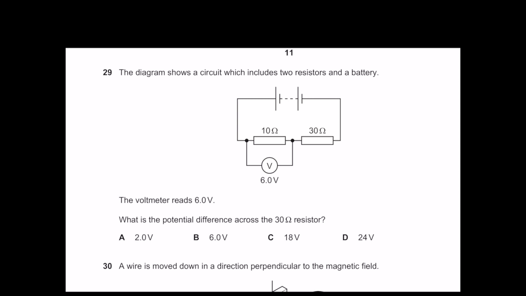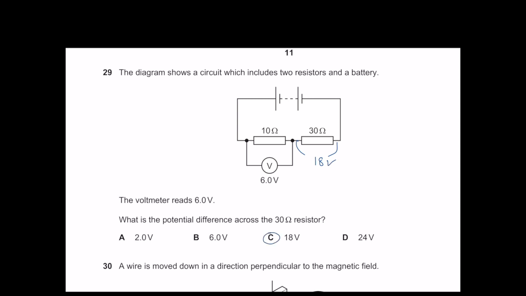First of all, you can find the current passing here, and the current is the same in all the circuit. But we can use the idea of ratio. I like the idea of ratio here. If the potential difference is 6 across 10, it means the potential difference here is supposed to be 6 times 3, which is 18 volts. So I'm going to go directly and choose 18.